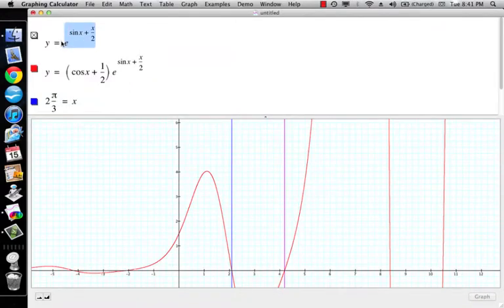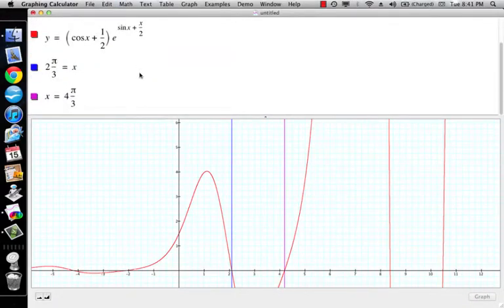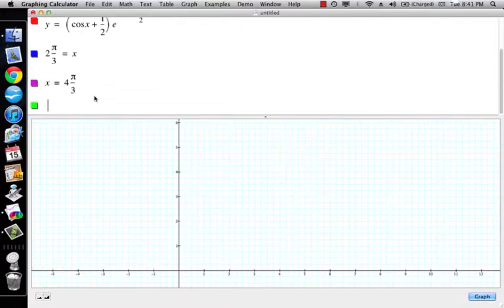Let's take that, go down here and replace those x's with 2 pi over 3.